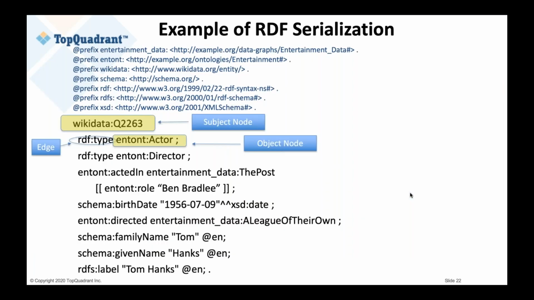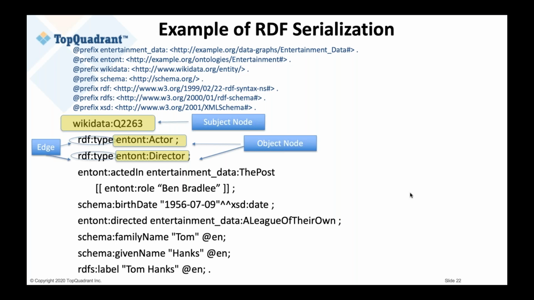So I've shown you serialization before, and we're going to come back to it, and that's important because you will want to interchange data. That serialization is in this Turtle format. There are a number of other formats.